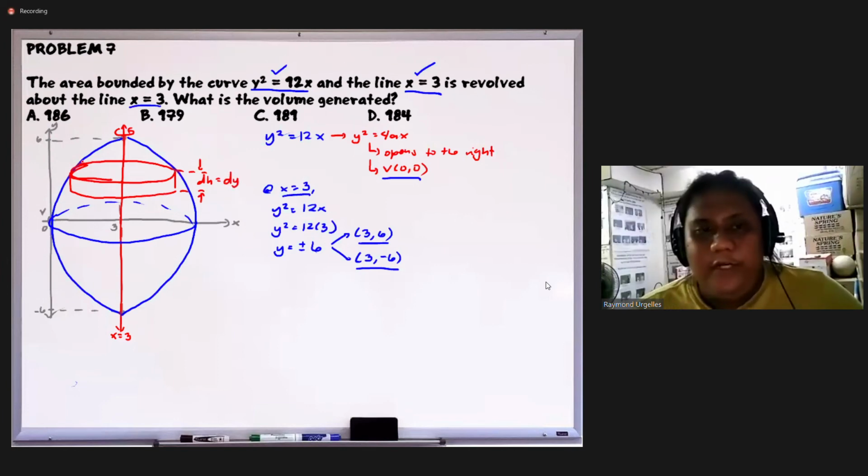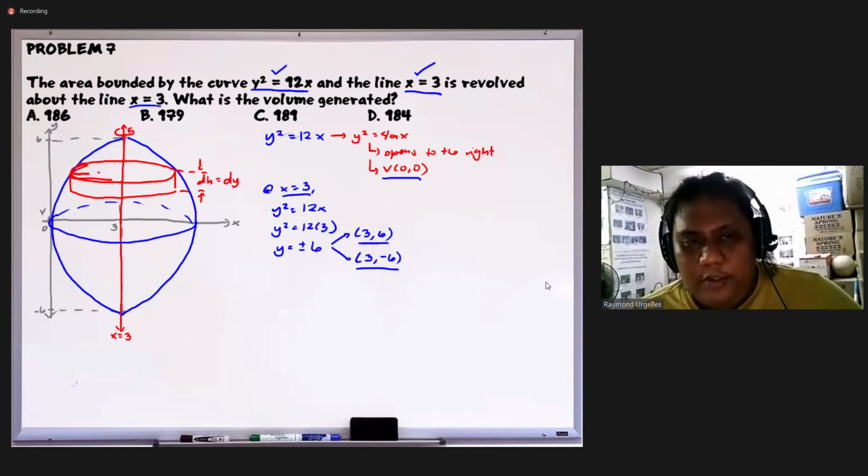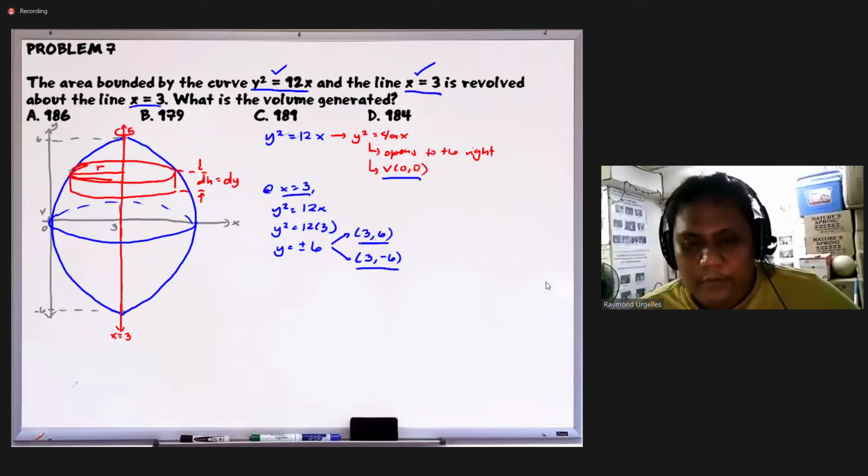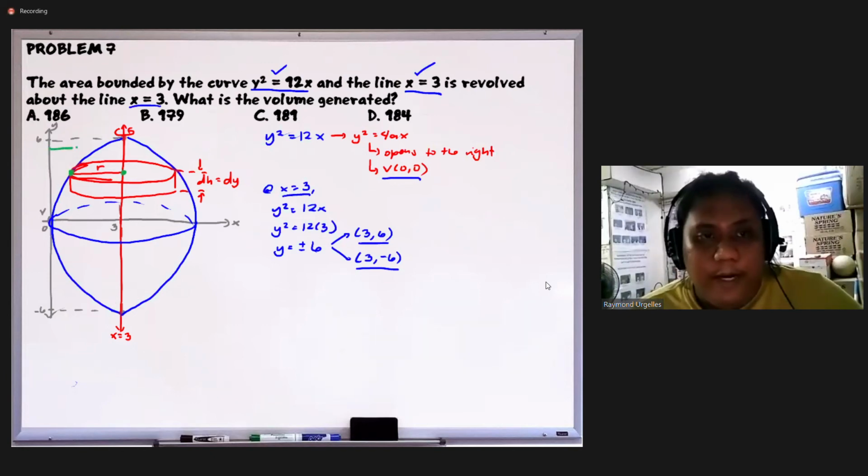As for the radius of the disc, it is just the distance between the point on the parabola and the point on the axis of revolution. Since it is a vertical line, the distance from the y-axis, where x is 0, is 3 units.